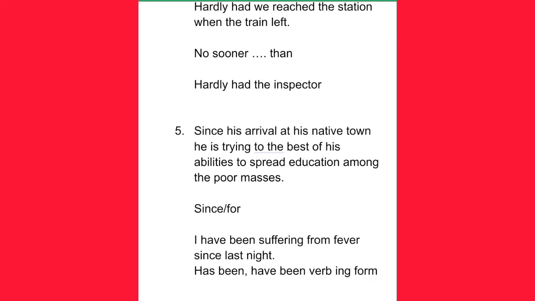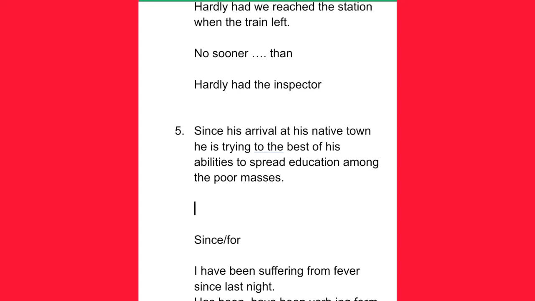So, bearing this in mind, if you see this sentence, the correction should be he has been trying. What has he been trying to do? He has been trying to spread education.